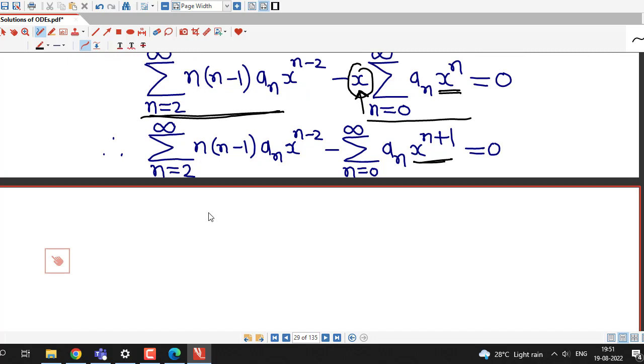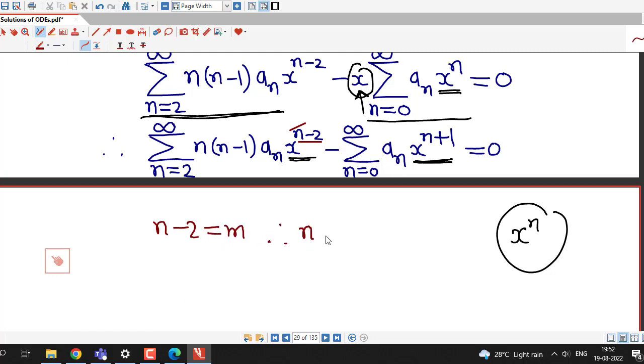Now next step is, first we will rewrite these two summations in such a way that power of x is x raised to n. So for the first summation, here power of x is n minus 2. So for the first summation, we take n minus 2 equal to say m. Therefore n will be equal to m plus 2.